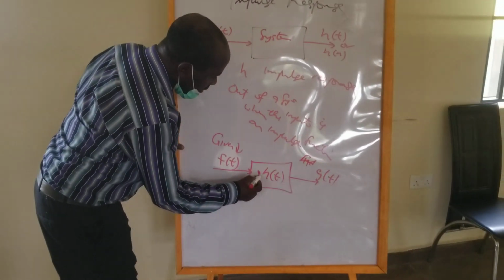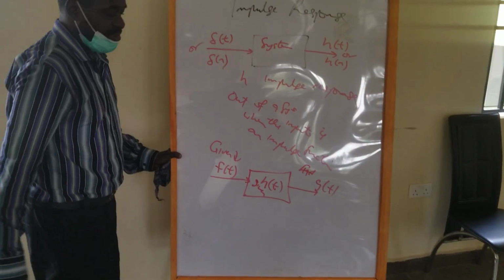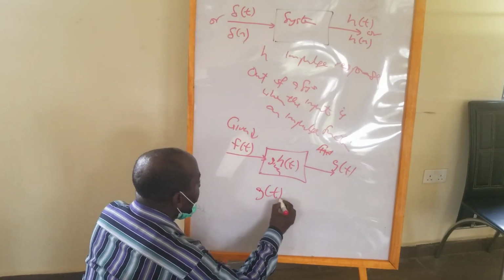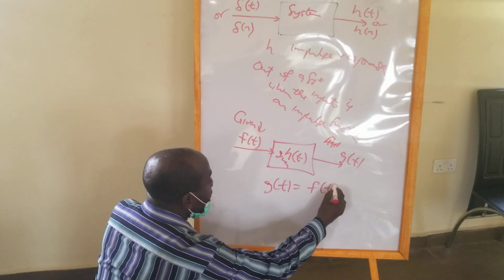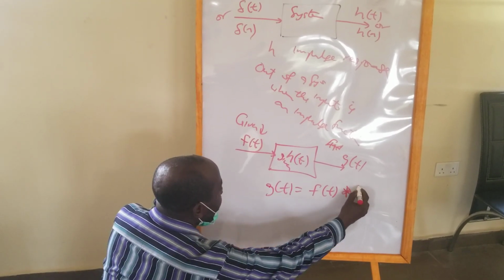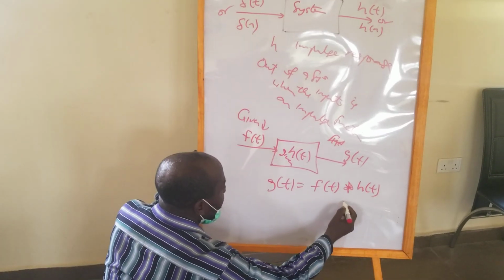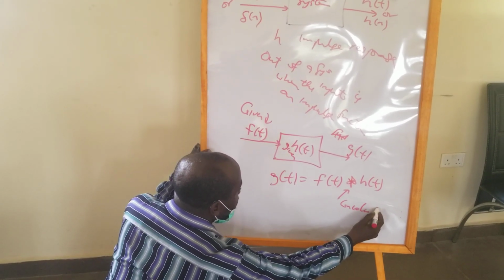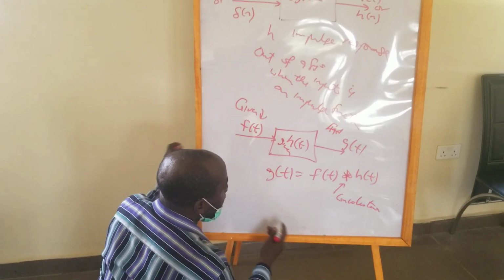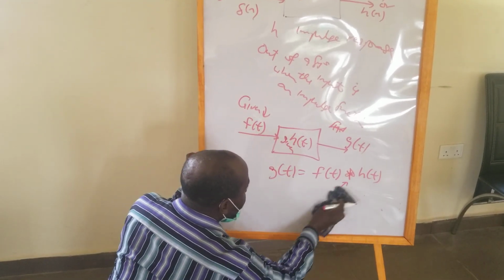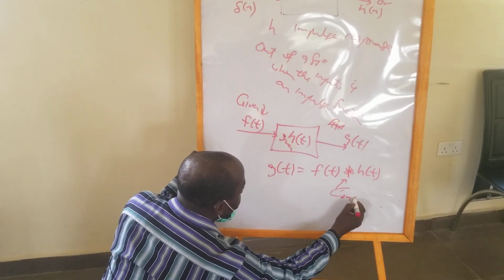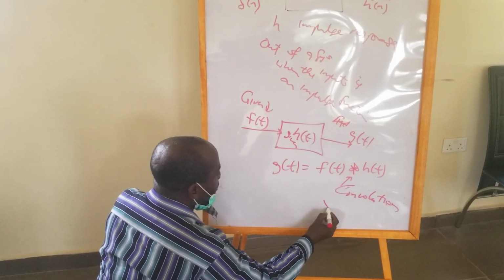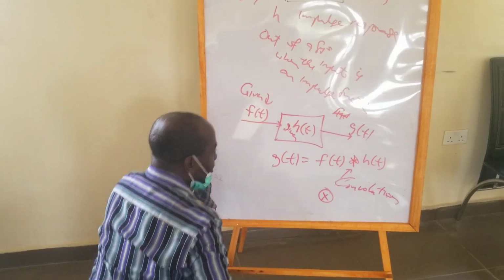If we are given the impulse response, then the output g(t) will just be equal to f(t) asterisk h(t). This symbol means convolution. Another symbol for it possibly is this.